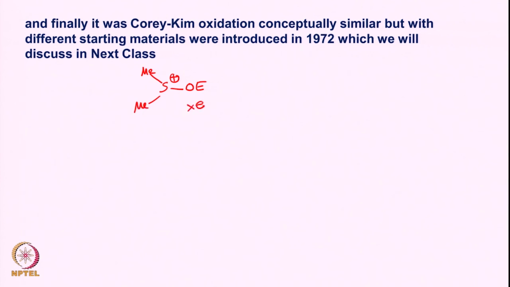This is the intermediate that is expected to form, derived from DMSO, to which the alcohol reacts and forms the next intermediate that allows the formation of the ketone or aldehyde, depending on what alcohol one uses.